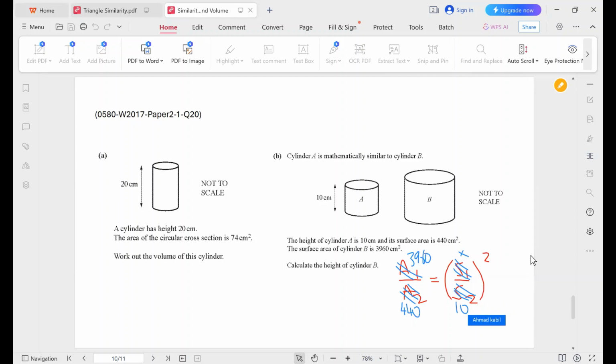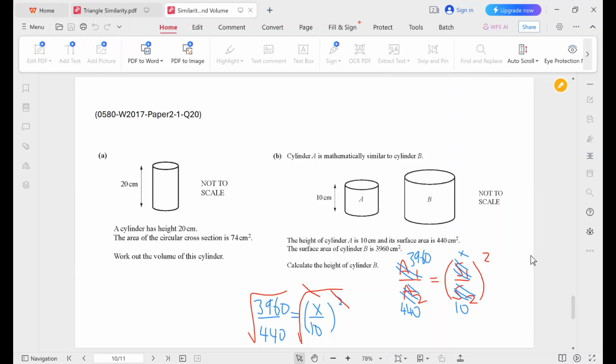So we evaluate by taking the square root of both sides, but let's rewrite the equation again for clarity. 3960 divided by 440 equals x over 10 all squared. And then you take the square root on both sides, cancel the square root with the power, and you have square root of 3960 over 440, which is 3.